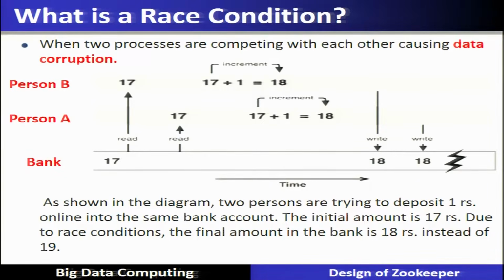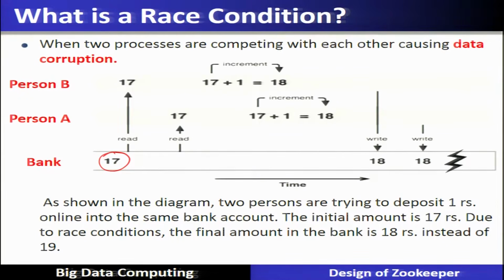When two processes are competing with each other causing data corruption, for example, person A and person B together want to update the same variable, that is the bank account, which has the current value 17, at the same point of time with the value 1, then they may read the variable 17 and update at their end and finally write back the values. So, instead of two increments, only one increment takes effect.